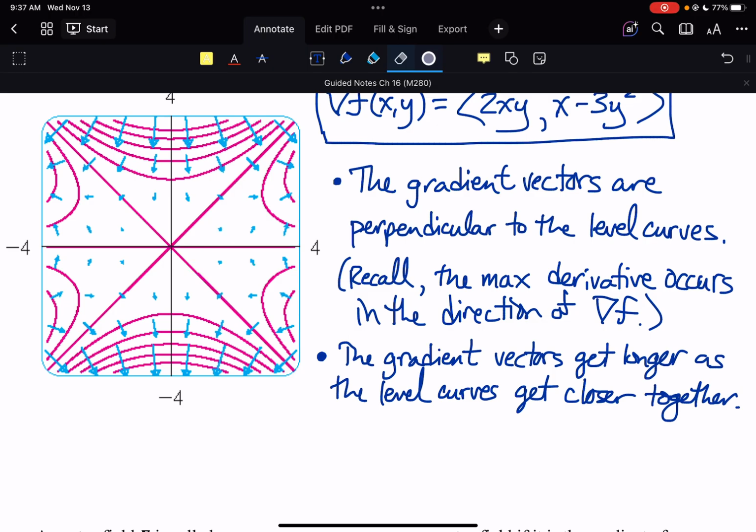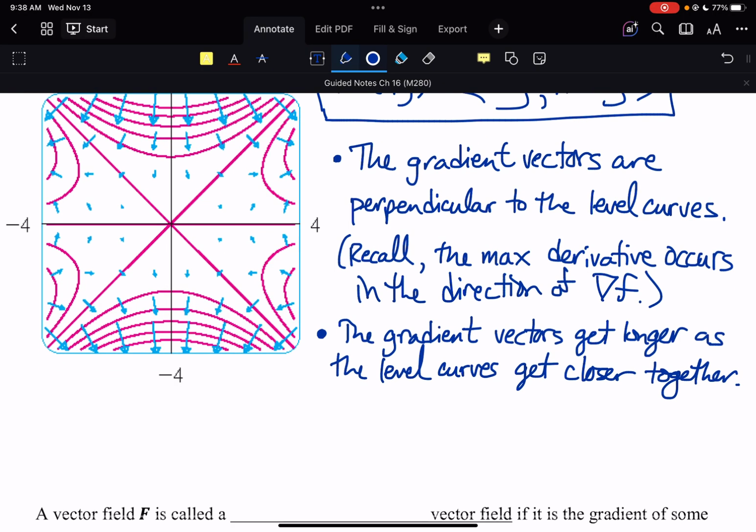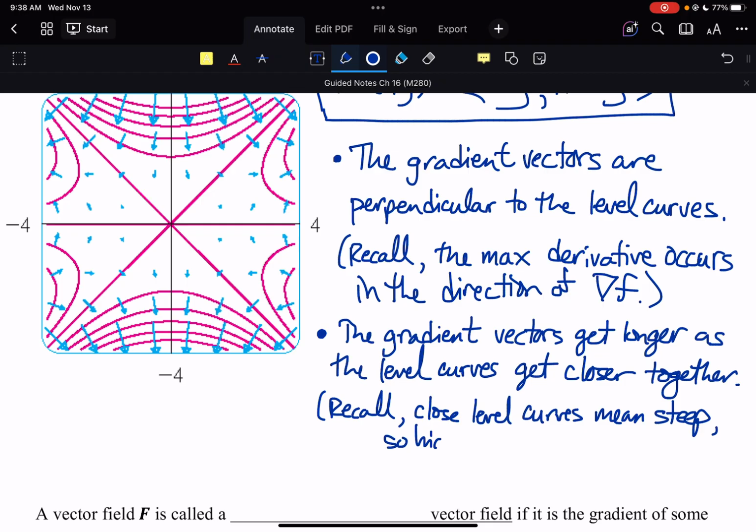And remember, that maximum rate of change is occurring in the direction of the gradient vectors. So if the level curves are close together, it's very steep. If the level curves are far apart, it's very flat, very shallow. So again, recall: close level curves mean steep, so a high rate of change.